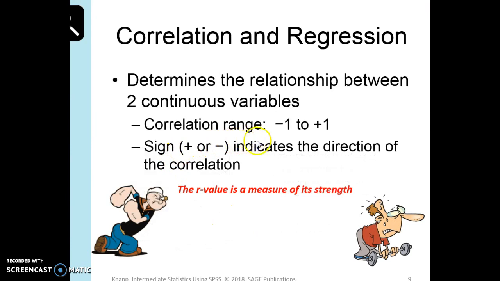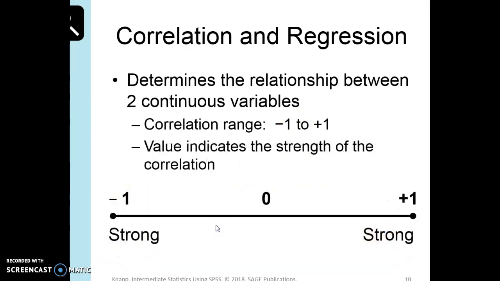The signs plus and minus indicate the direction of the graph, and the correlation ranges between -1 and +1. You can have a strong negative correlation and a strong positive correlation. Again, we take the absolute value and talk about it in terms of 0 to 1, where the weakest would be 0 and the strongest would be +1 or -1.